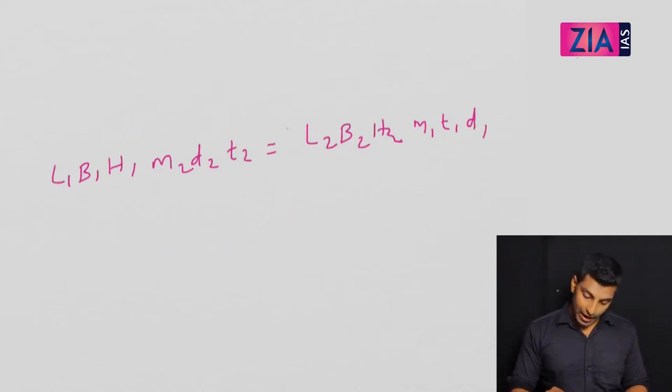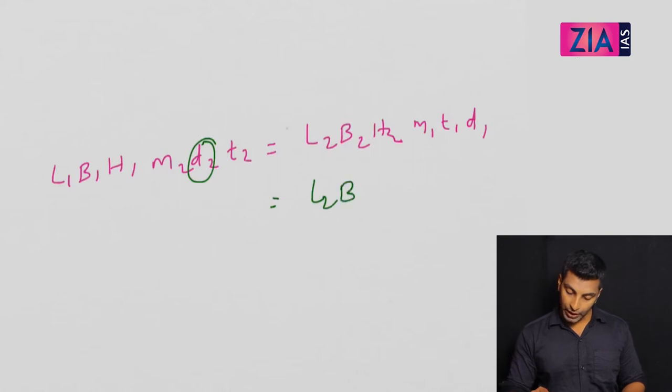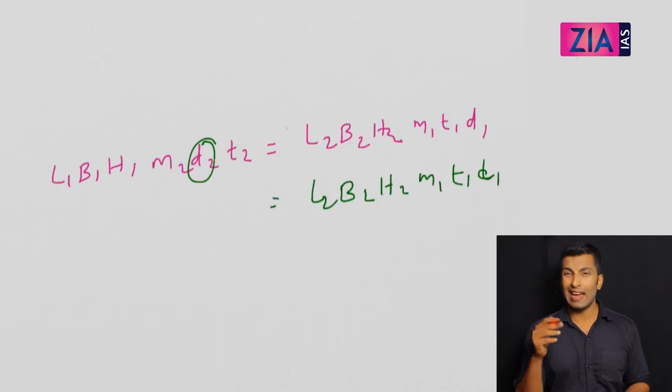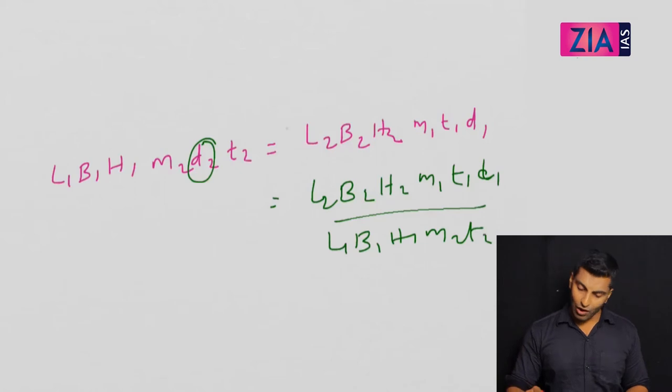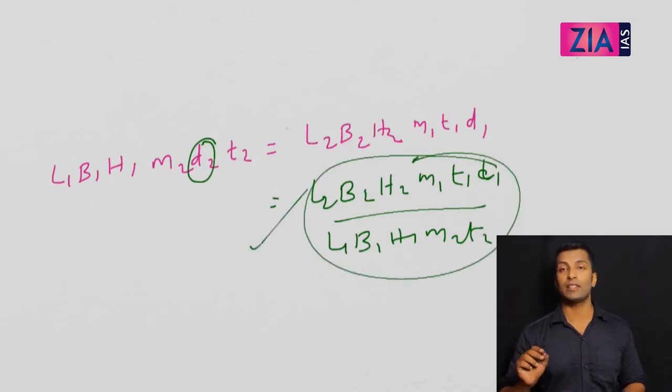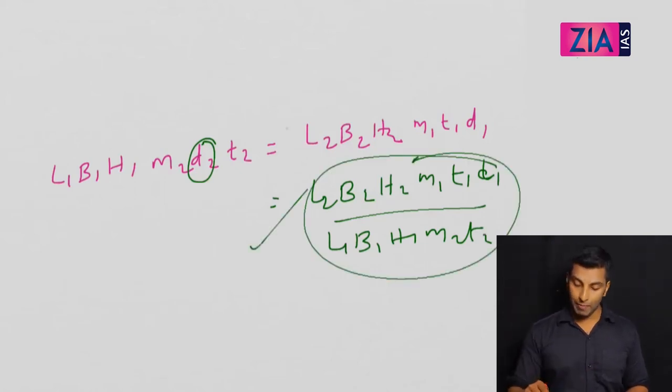So if you need to find D2 and you know everything else, the answer is L2 B2 H2 M1 T1 D1 divided by L1 B1 H1 M2 T2, and all these will be given. It is slightly complicated, but when you solve questions, you don't write all those things; I'll discuss a question. It's just a calculation question. They're asking you to multiply and divide.